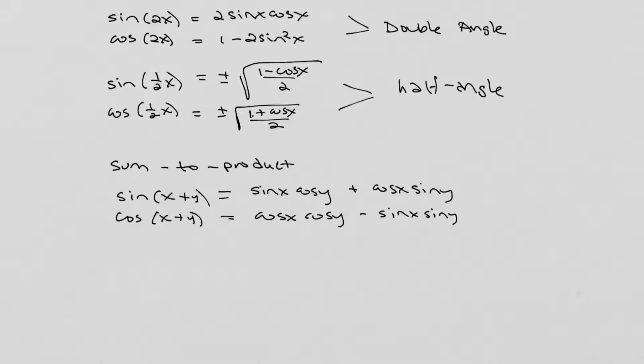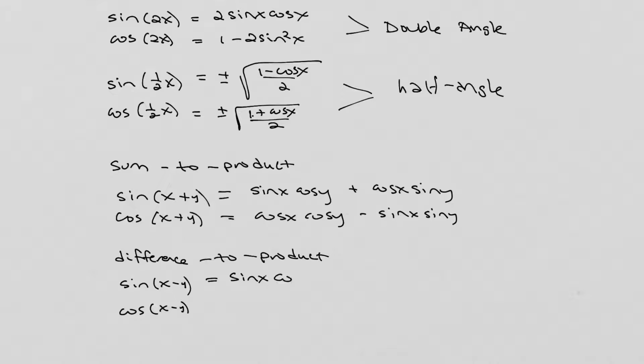And the last style we learned was the difference formulas, or difference to product formulas, which was sine of x minus y and cosine of x minus y. This is sine of x cosine of y minus cosine of x sine of y, and this one is cosine x cosine of y plus sine of x sine of y.